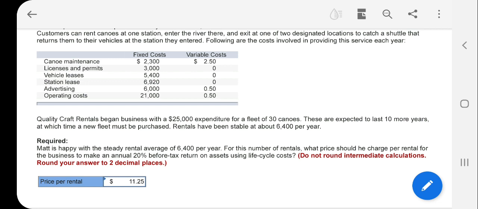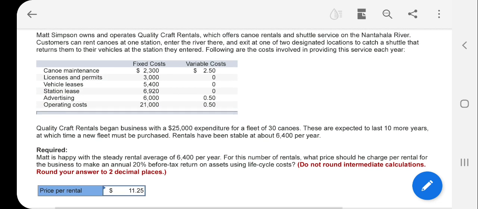The most important thing is, you can see a list of costs. This cost contains fixed cost and variable cost. And then see here, the target is what price should be charged per rental for the business to make an annual 20% before tax return on asset.